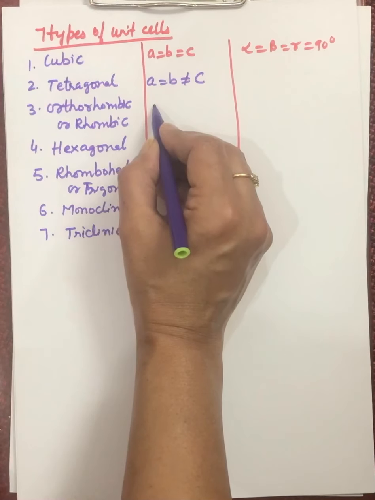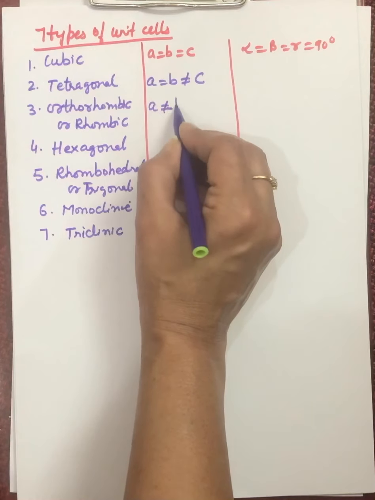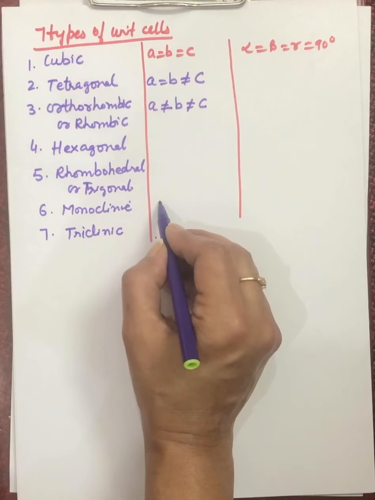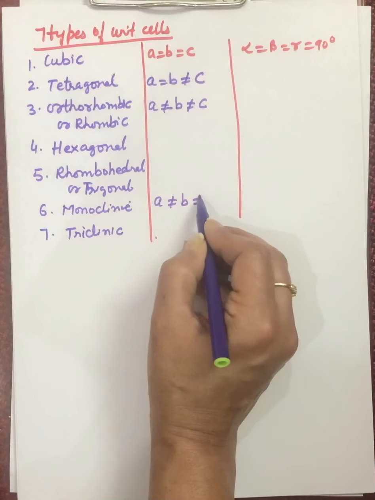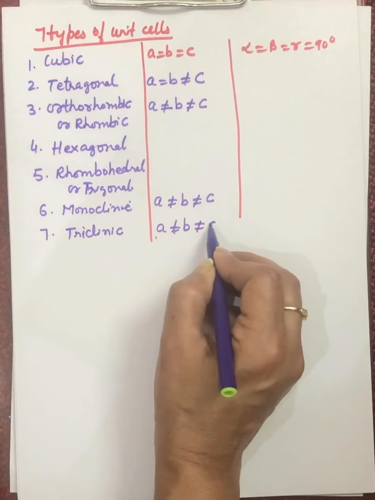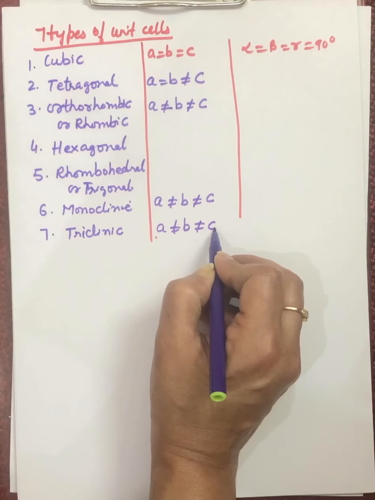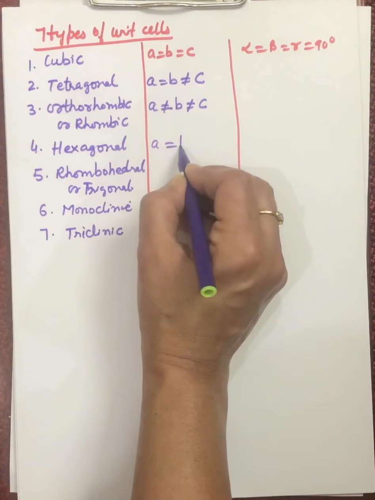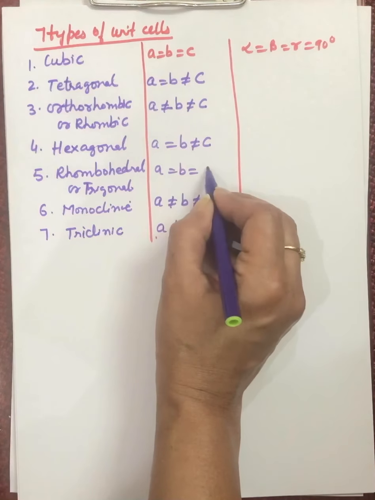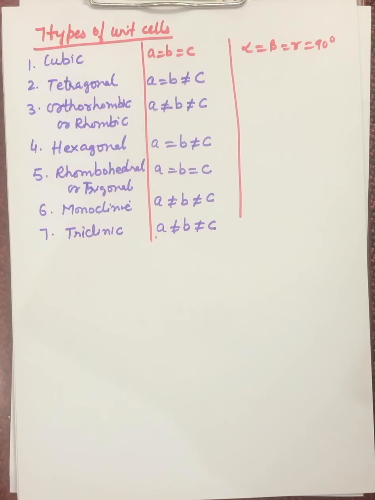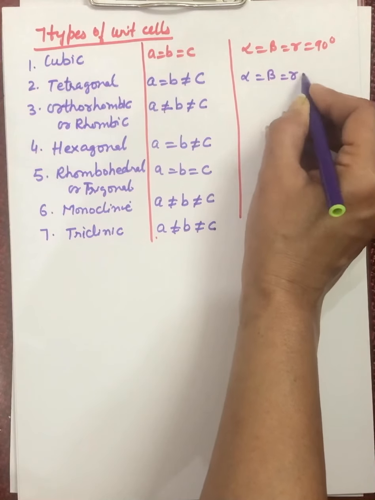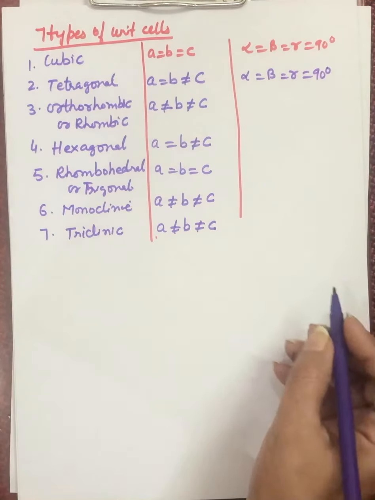In orthorhombic, we have A not equal to B, not equal to C. In monoclinic structure, we have A not equal to B, B not equal to C. In triclinic also, A not equal to B, B not equal to C. In case of the hexagonal, we have A equal to B, B not equal to C. In rhombohedral, all 3 sides are equal to each other. Now come to the angles. In tetragonal also, all the angles are equal and they are equal to 90 degree.